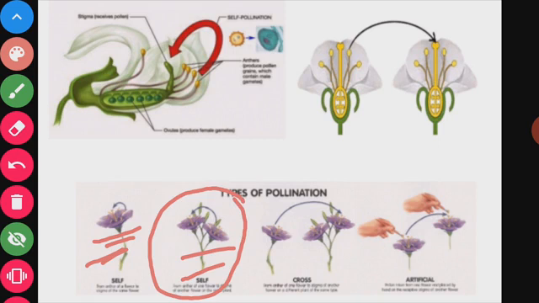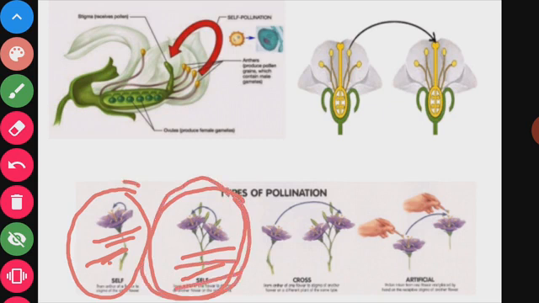This is also known as self-pollination. The flower is the same, and only in this flower does transfer of pollen grain from anther to stigma take place. In the same plant here, but here are different flowers. Here is only one flower. This is also known as self-pollination.